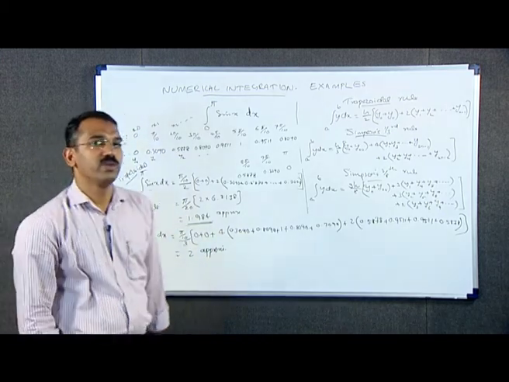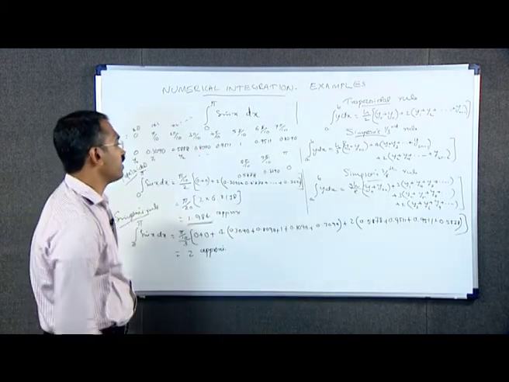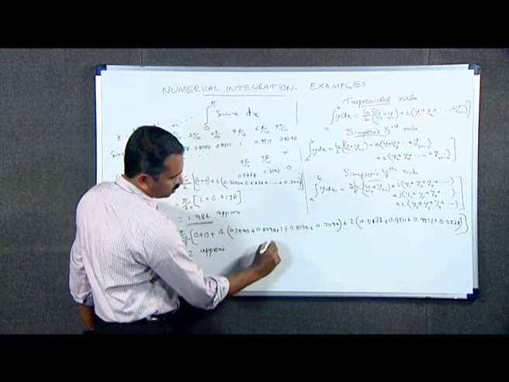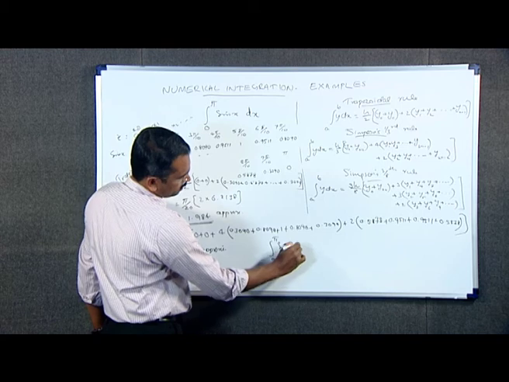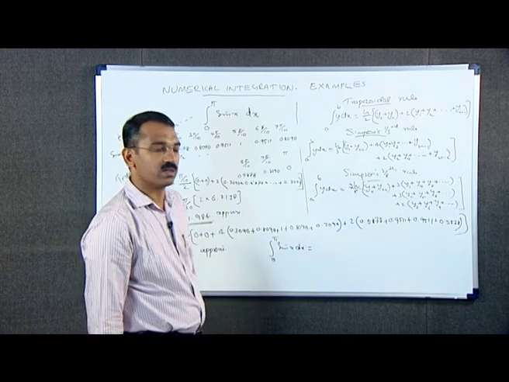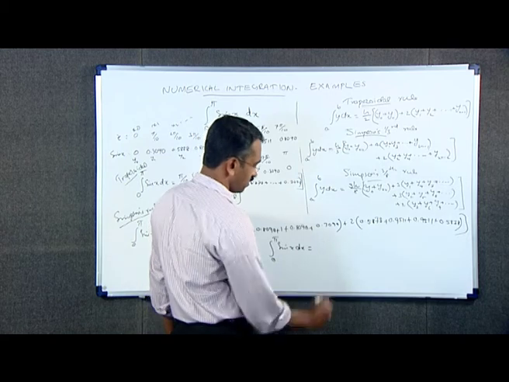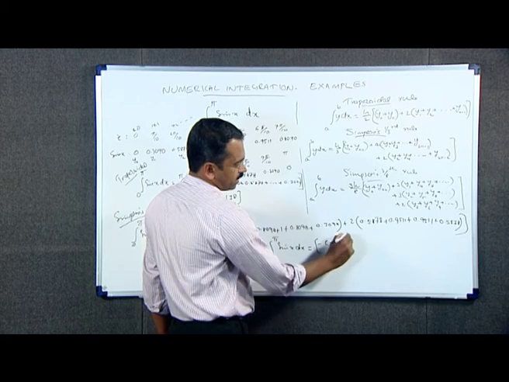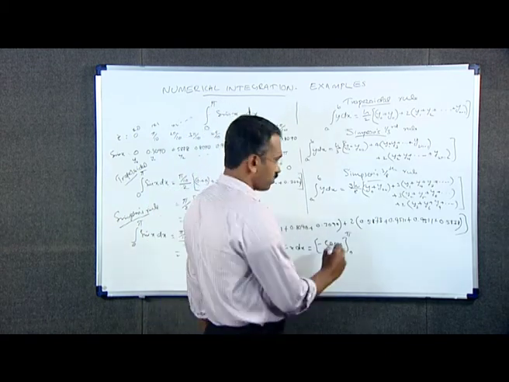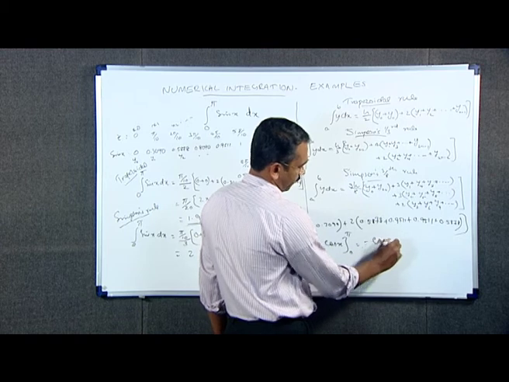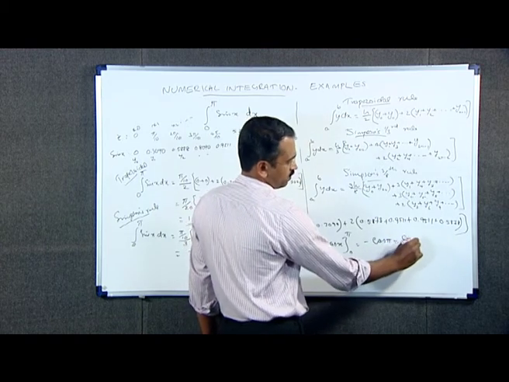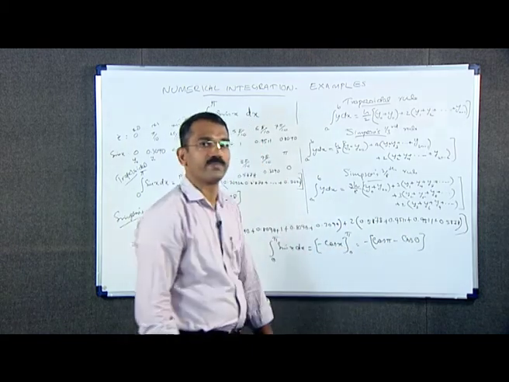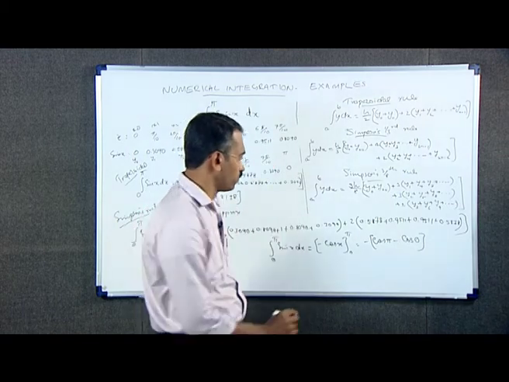Now, if we integrate exactly, by actual integration, the integral of sin x is minus cos x between the limits 0 and pi, that is minus cos pi minus cos 0. Minus is common, cos pi minus cos 0, that is equal to 2.